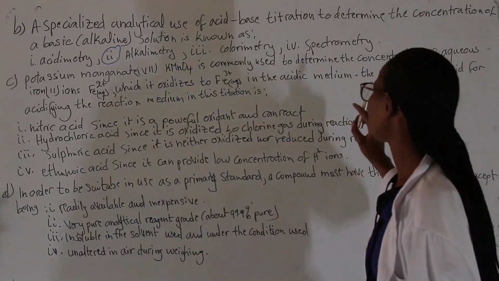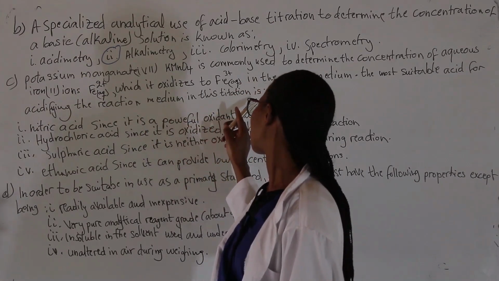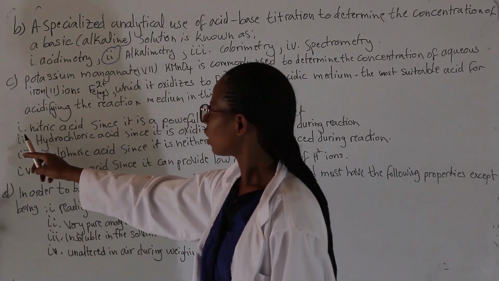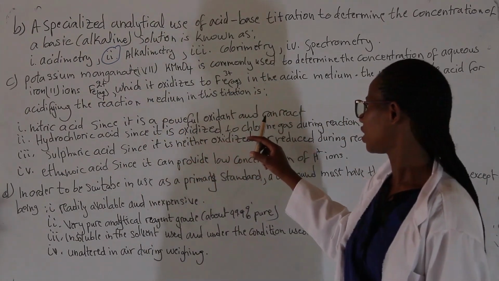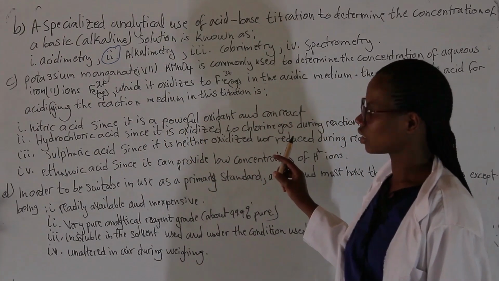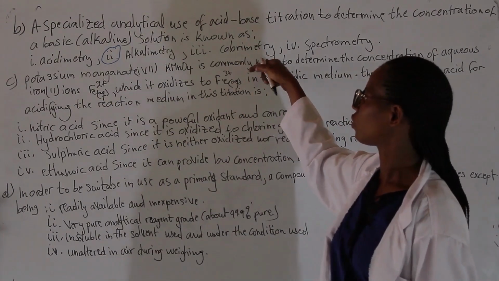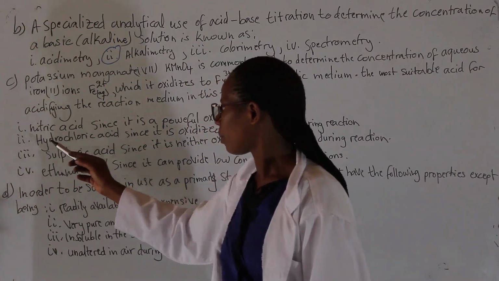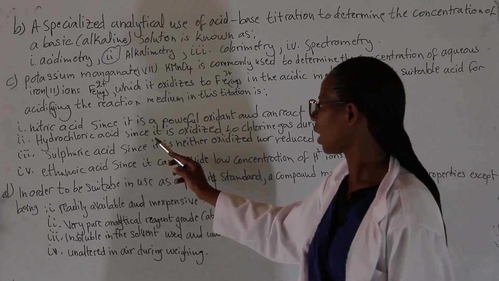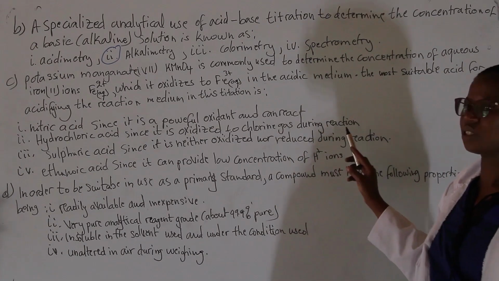The most suitable acid for acidifying the reaction medium in this titration is: number 1, nitric acid, since it is a powerful oxidizing agent and can react. This is not correct because it should not be reacting with the iron. For number 2, hydrochloric acid, since it is oxidized to chlorine gas during the reaction.